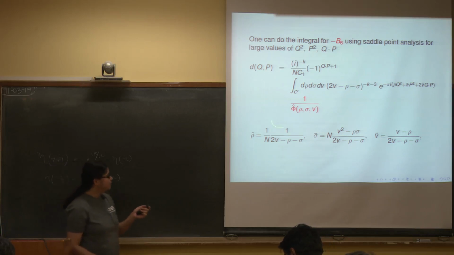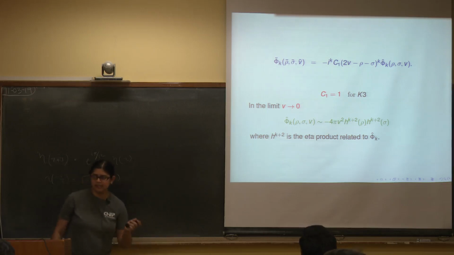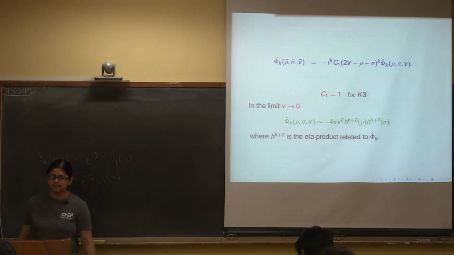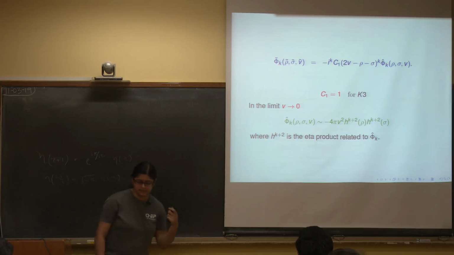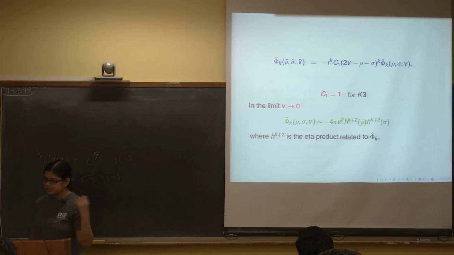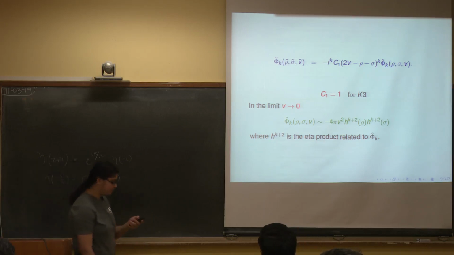When we do this Fourier transform, and we want to do it with the saddle point analysis, we need to make a modular transformation of this kind, and there is a related constant C1, which is 1 for K3. This constant is very important, otherwise at low lying degeneracies the saddle point will be quite off from the actual degeneracy which we compute.